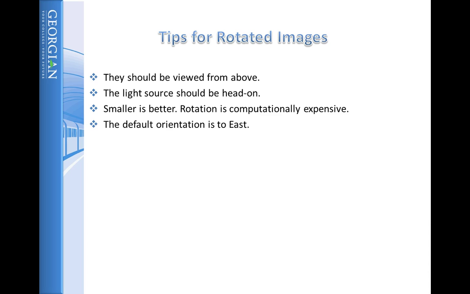We're saying a very simple sprite that has no shadows. You look at it from a straight, bird's eye view, and then as you turn left or right, you can visualize it a little bit better. That's why they say the light source should be head on.